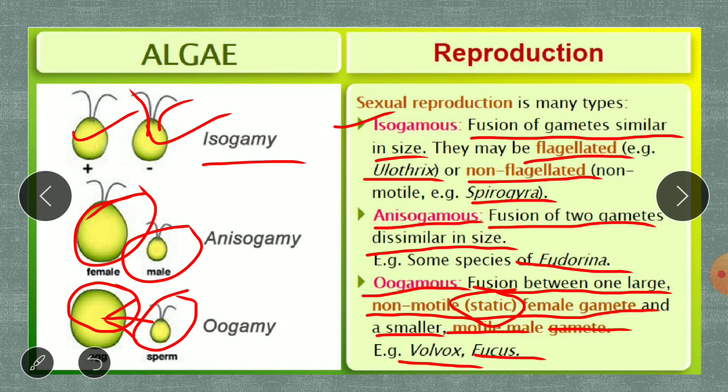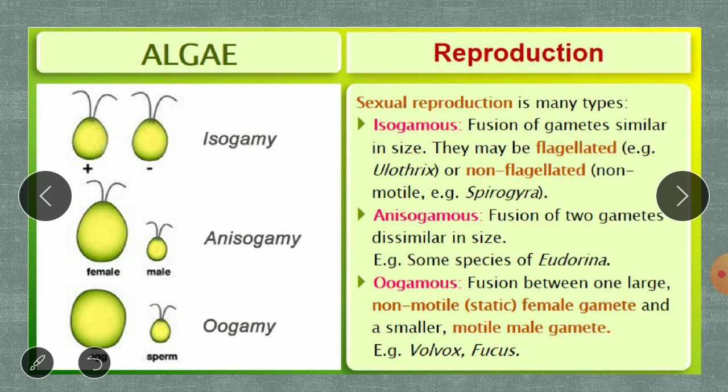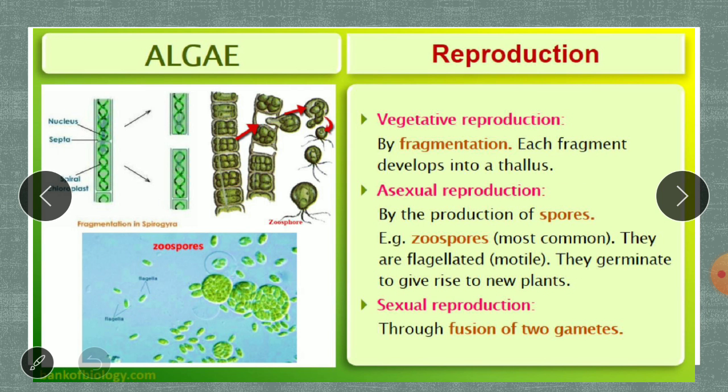So this is the general introduction to reproduction in algae. Reproduction in algae can take place by three methods: vegetative reproduction by fragmentation, asexual reproduction by spore formation, or sexual reproduction by fusion of two gametes.